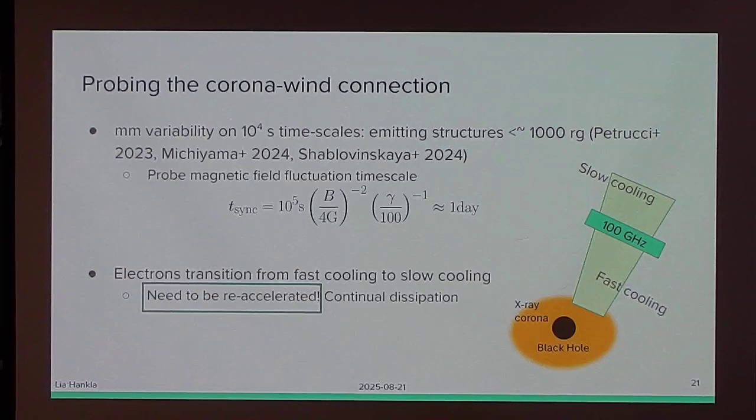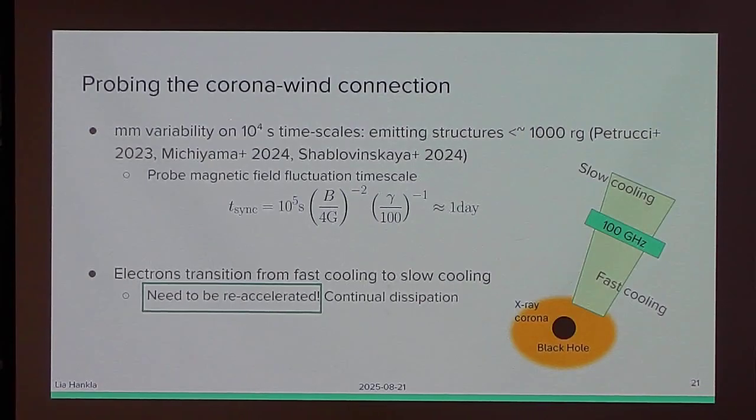And that gives you the size of your emitting structures. That could potentially tell you how fast these structures are changing, and the general magnetic field fluctuation timescale, which if you calculate for the millimeter emitting electrons is about a day, which is right, again, where observations have found this variability to be.